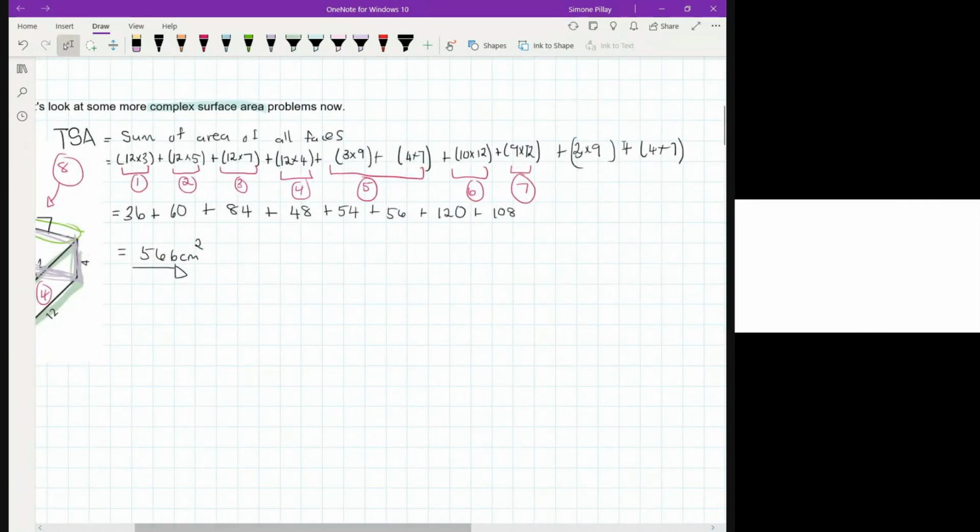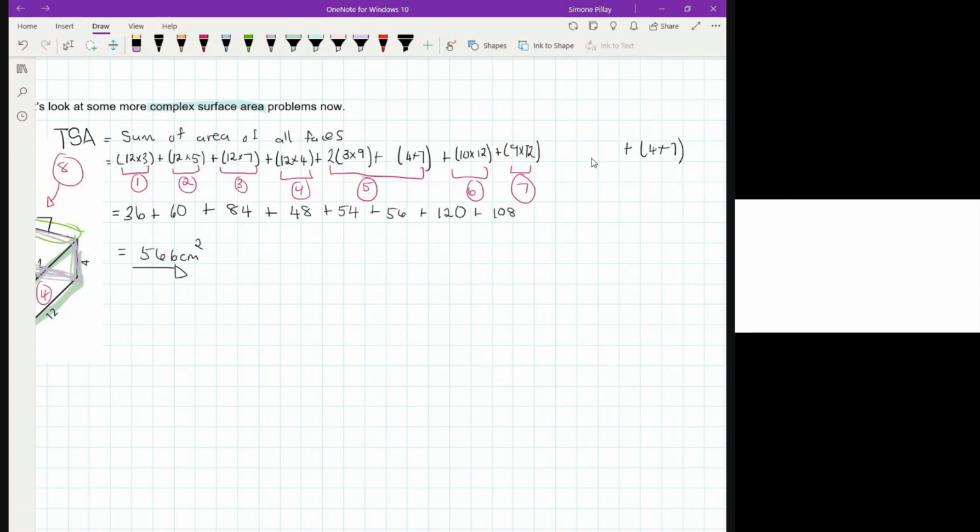A shorter way, if you don't want to do this, is, do you see this is 3 times 9? So it's in brackets, plus 3 times 9 plus 3 times 9. Think of your bracket as a variable. It's like terms, we added them. So that is just 2 times 3 times 9.